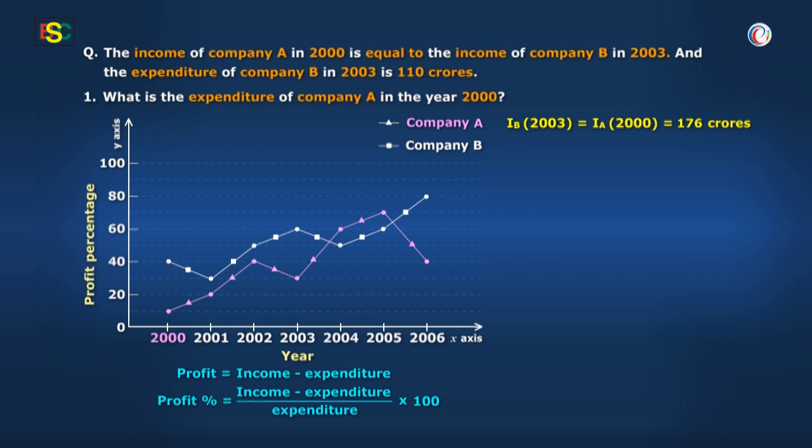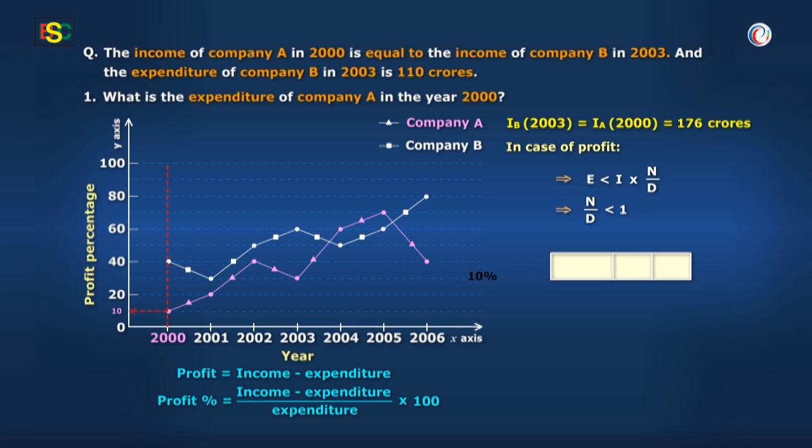And the profit of company A is given as 10%. Well, in case of profit, expenditure has to be less than income. So, income should be multiplied with a fraction less than 1. Yes, I'm getting this. Let me solve. Here, the income of company A is 176 crore and 10% profit gives two parts of MF as 100 and 110.